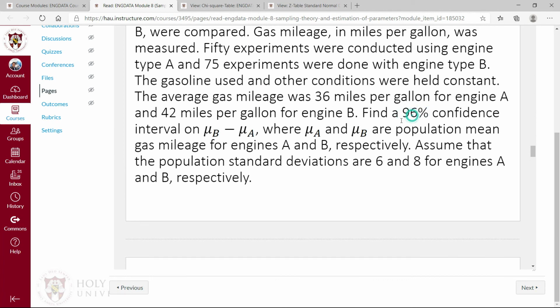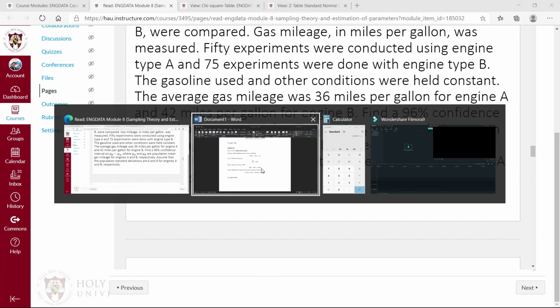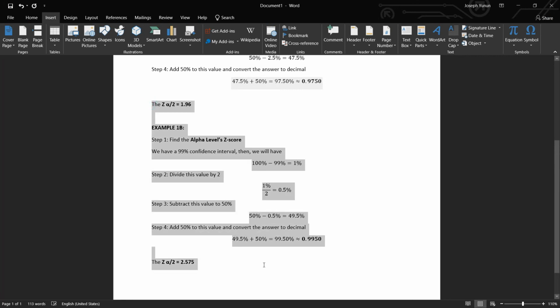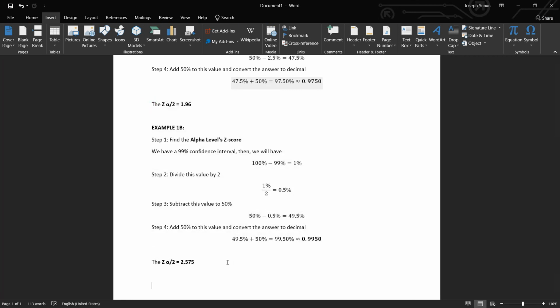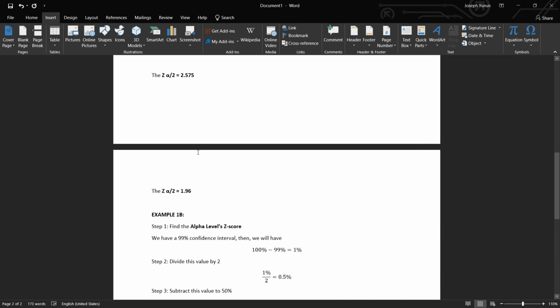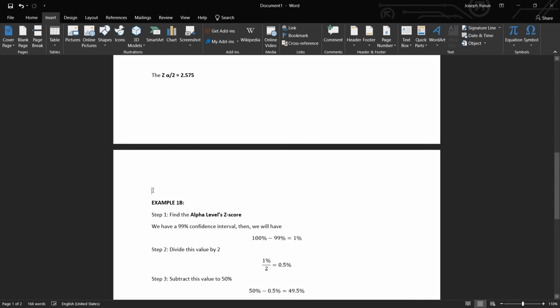Let us use the previous example here, the difference of two means, example 1.